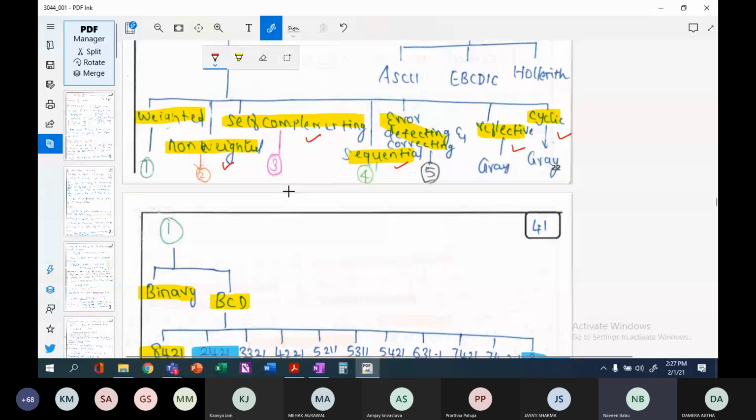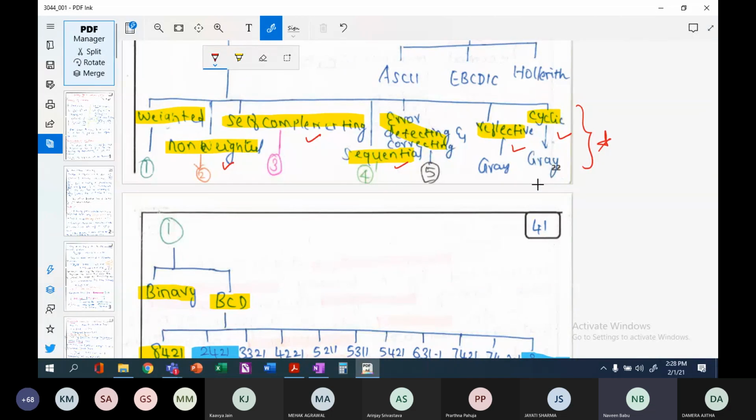So what is it that you need to learn? So many confusions, so many different types of codes. All you need to understand is to look at this particular block. You must know the basic definition of what you mean by weighted codes, non-weighted codes, self-complementing codes, and what are sequential, error correcting, reflective and cyclic codes.